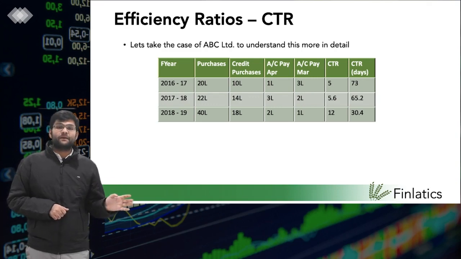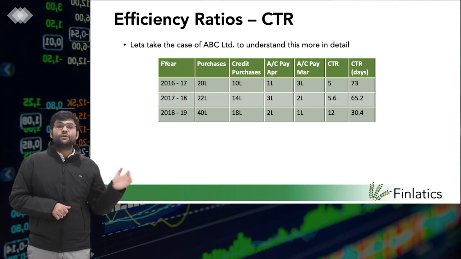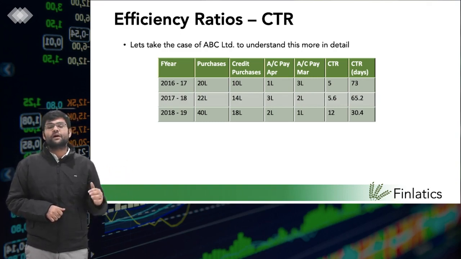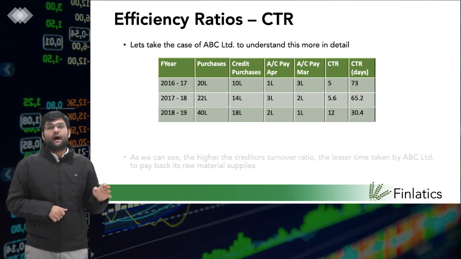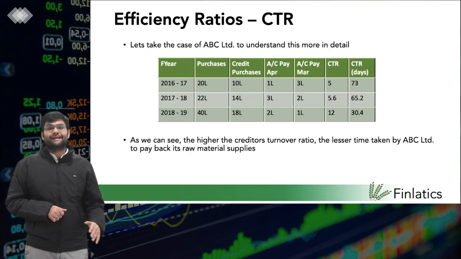At the same time, the creditors turnover ratio in terms of days has gone down from 73 in 2016-17 to 30.4 in 2018-19. This shows how when the creditors turnover ratio is high, the firm takes less time to pay back its suppliers.